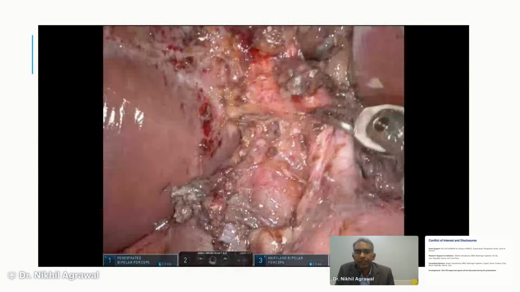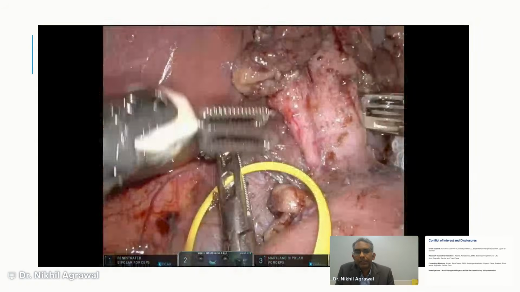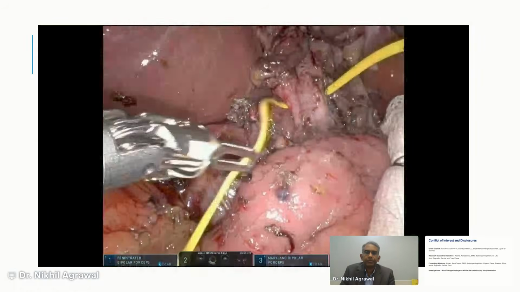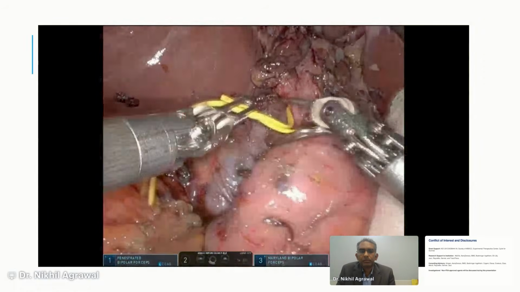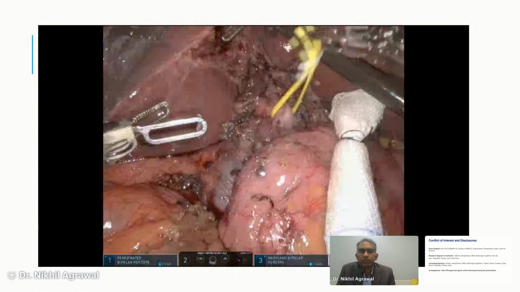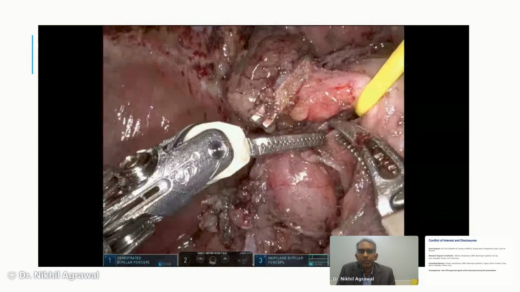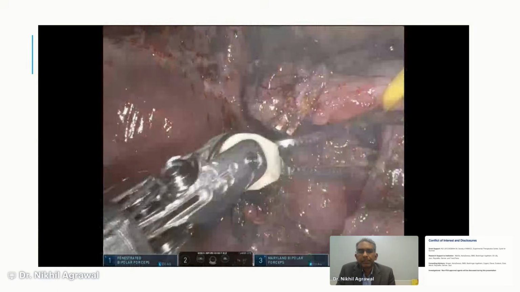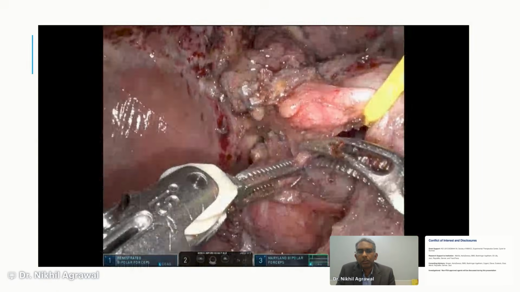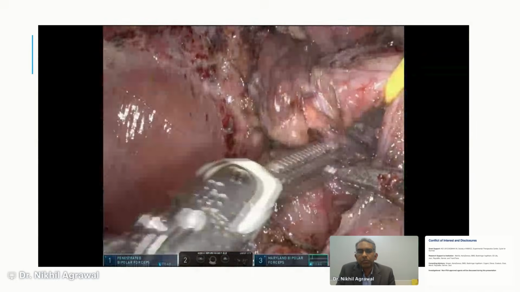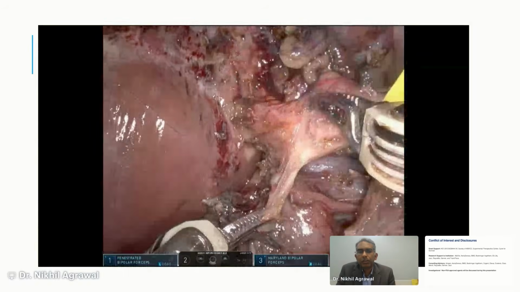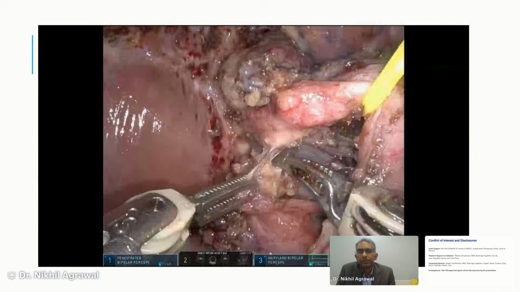Right. I'm just checking it there. We will loop the bile duct here. You can see we have completely removed all the lymph nodes from hepatoduodenal ligament. These are station 12 lymph nodes.